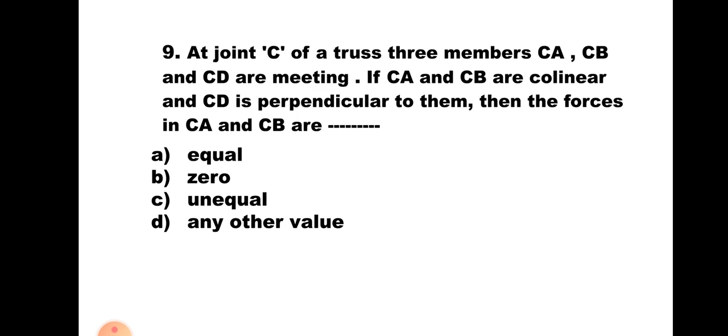Out of the three, two are collinear and the third is perpendicular. So there is no force to balance that third force, so it is 0, we know that. Hence the forces in those two collinear members are equal. Hence the correct answer is A, equal.